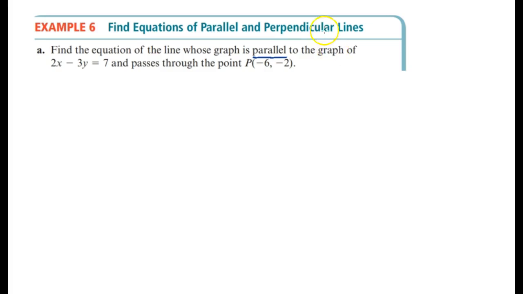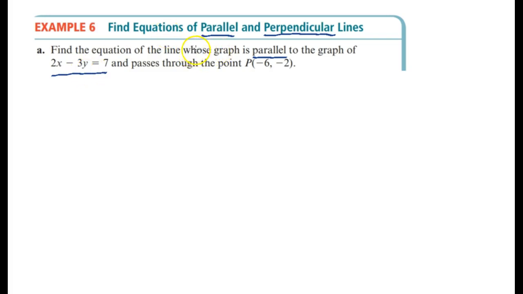Okay, so we're dealing with parallel and perpendicular lines with example 6. Our next example will deal with perpendicular lines. So what we want to do with parallel lines is determine the slope of this equation. We know that it's parallel to this equation, so we need to find the slope of this equation, and that will help us determine the slope of our line.